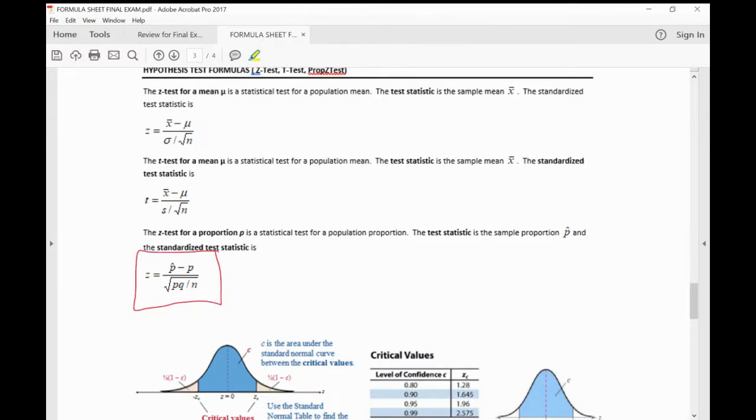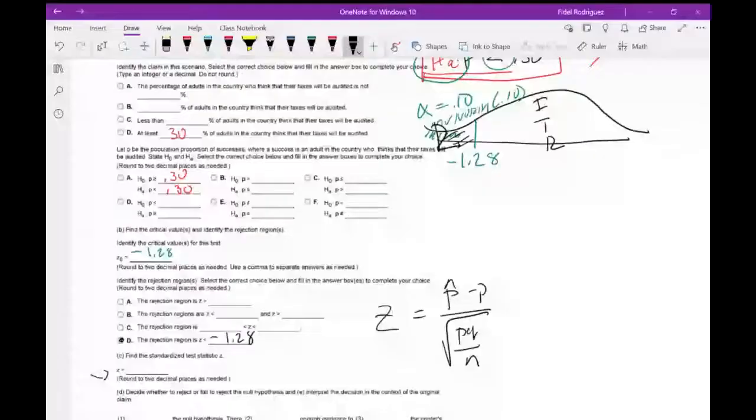This is going to be my formula for finding my Z value. So I'm just going to write that down so that I can go back and reference it as I need to. What is it? P hat minus P, all over the square root of PQ over N. Okay, so let me stop sharing the formula sheet and let me share the review one more time so y'all can see it.